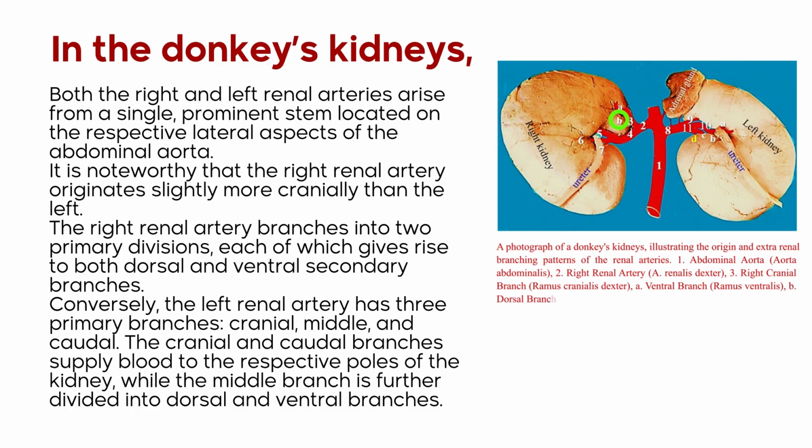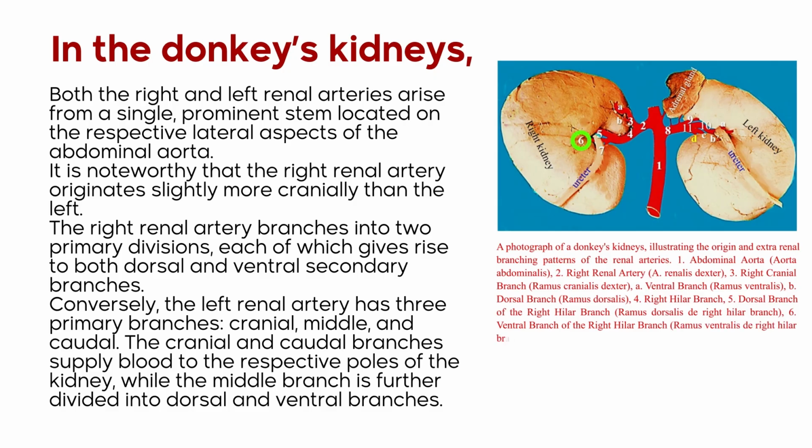B. Dorsal branch, ramus dorsalis. 4. Right hilar branch. 5. Dorsal branch of the right hilar branch, ramus dorsalis. 6. Ventral branch of the right hilar branch, ramus ventralis. 7. Caudal branch of the right renal artery, ramus caudalis de A. renalis dexter.